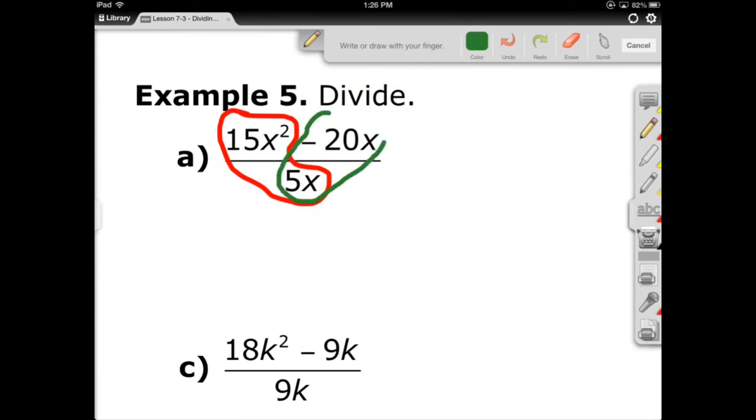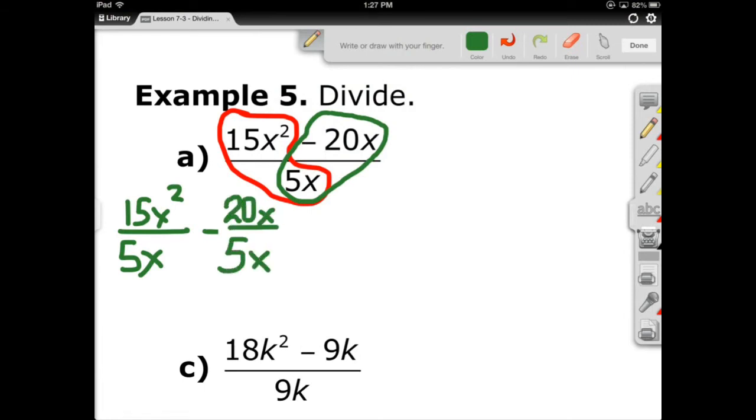This division is happening. You see that the top 2 terms are being divided by the bottom term. What that really means, if you'd like to write this out in full, is that you've got 15x squared being divided by 5x, and I'll keep the subtraction sign just like I saw it, 20x divided by 5x.